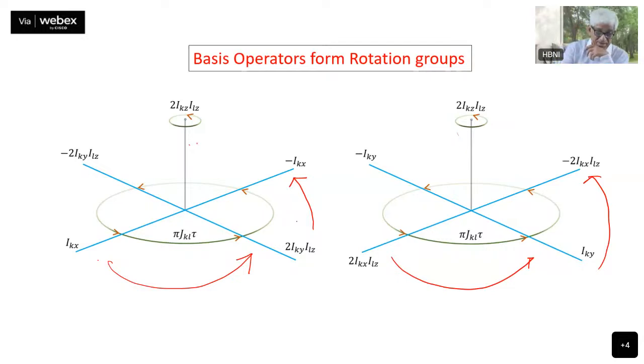I am putting them in the transverse plane to indicate which ones transform into each other within the group, so you form a rotation group like this. By looking at this, you can immediately figure out starting from where you will reach. So this was an elegant description of the evolutions of the basis operators.